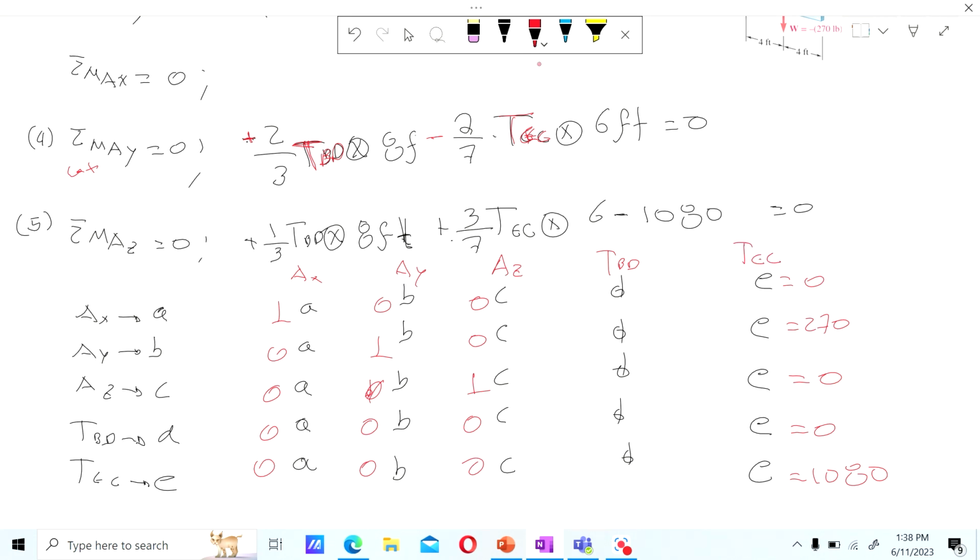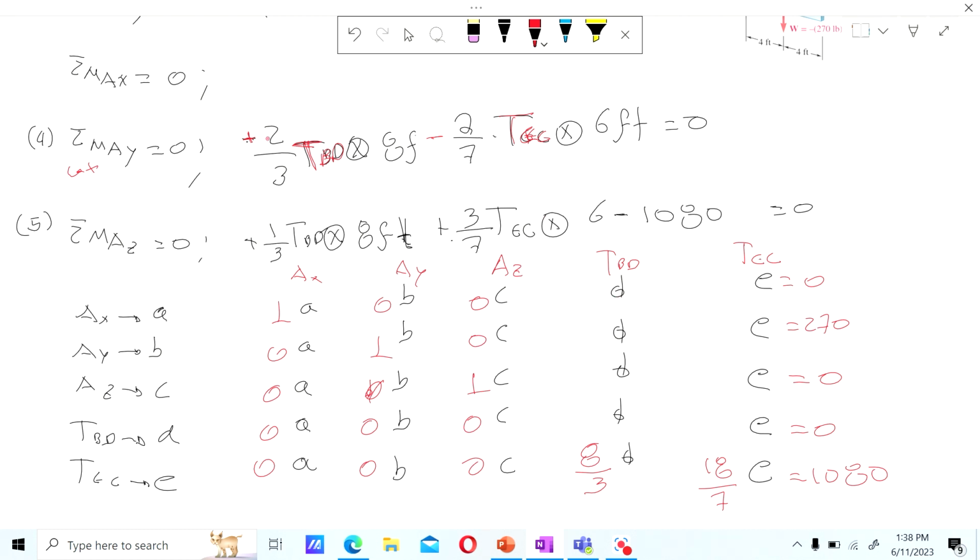Let's go to equation 5. We have 1/3 times 8, so 8/3 for T_BD, and positive 18 divided by 7 for T_EC, and it equals 1080.